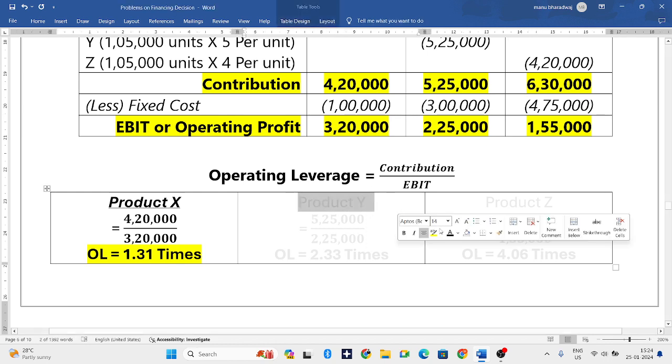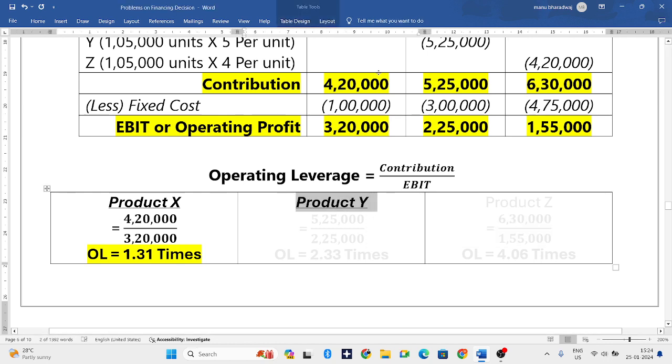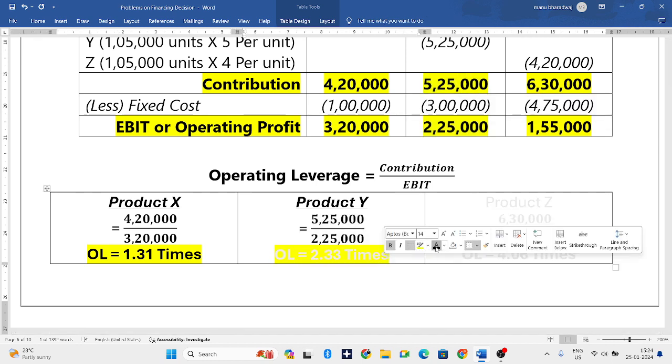Next, we have to calculate the operating leverage for product Y. Contribution is 5,25,000. EBIT is 2,25,000. Divide them and we get 2.33 times.